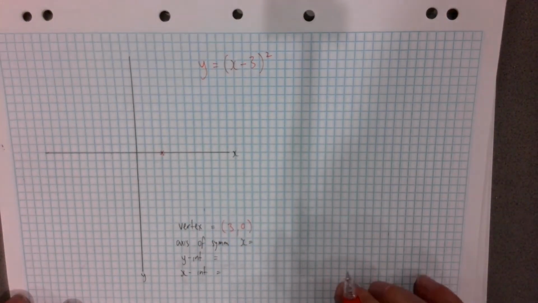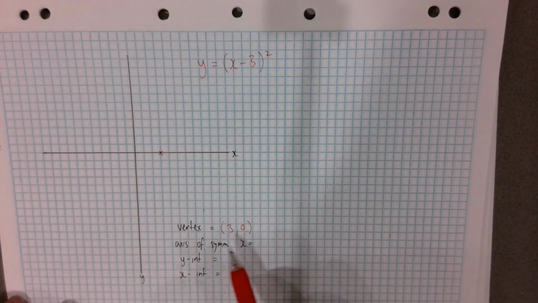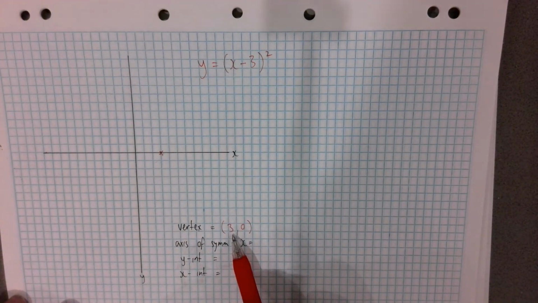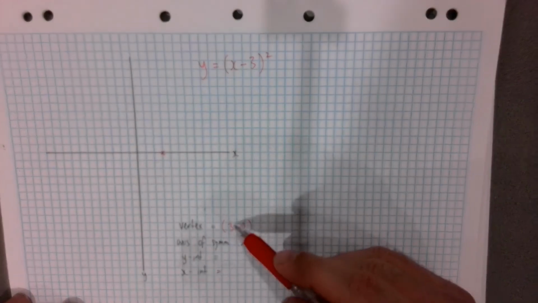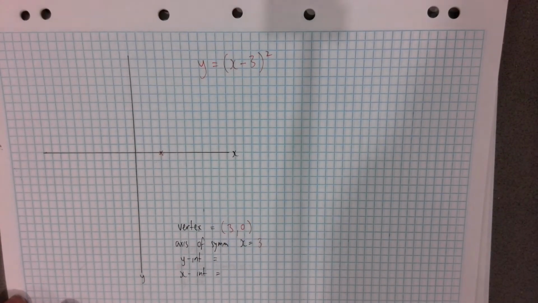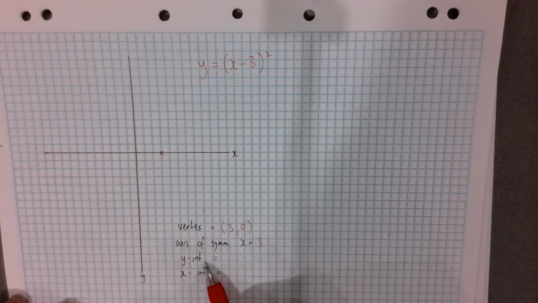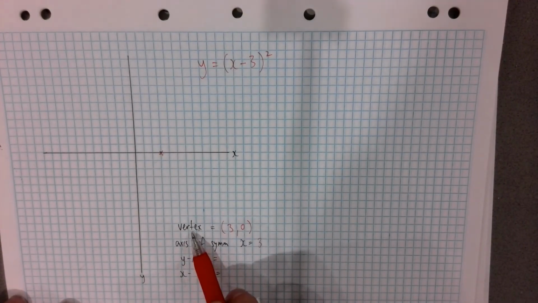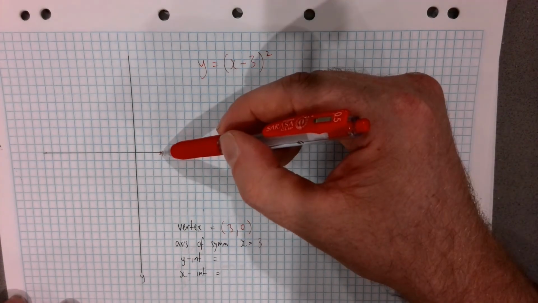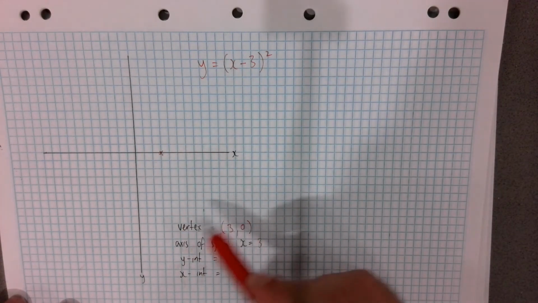Let's go ahead and mark that point in our Cartesian plane. 3 right there. Again, your axis of symmetry is x equals 3, the same value of x in the vertex coordinates. I'm not sure where it's crossing the y-intercept yet. So in this case, my vertex is not the same as my y-intercept because of that horizontal translation.